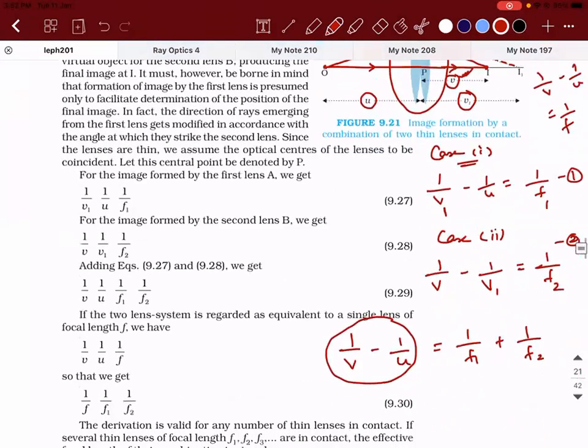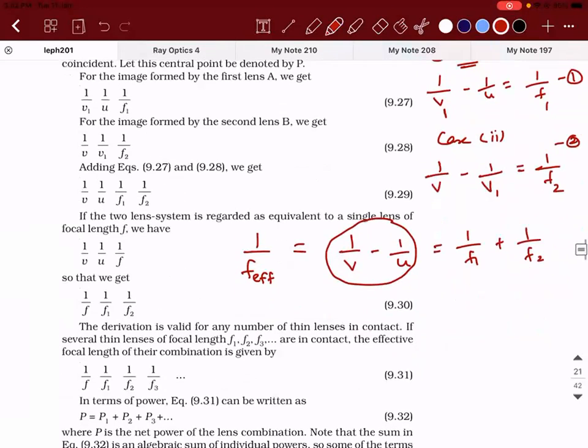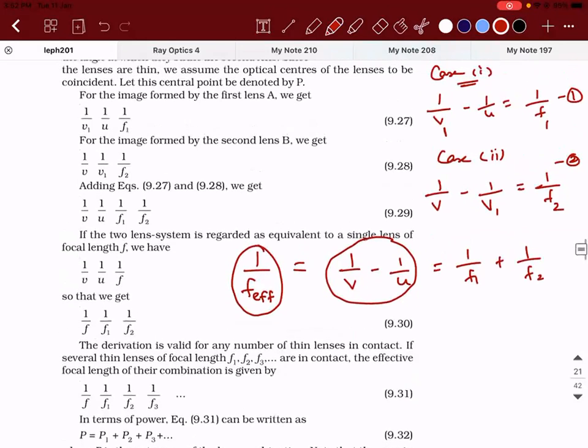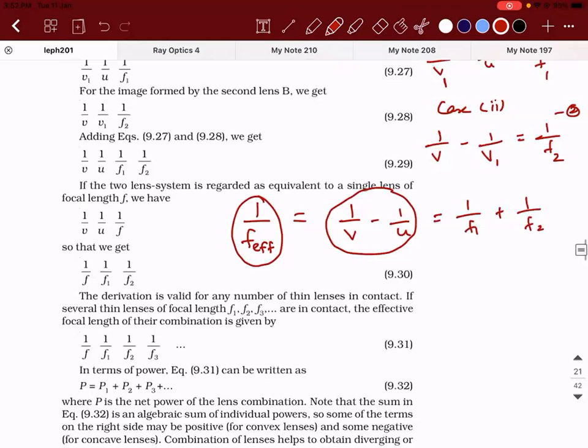So what I'm trying to say is, if I replace those two lenses with one lens whose focal length is effective, then this would have been the mathematical relation. So 1 by f effective is equal to 1 by f1 plus 1 by f2. But what is 1 by f effective? It is the effective power, and 1 by f1 is P1 and 1 by f2 is P2.